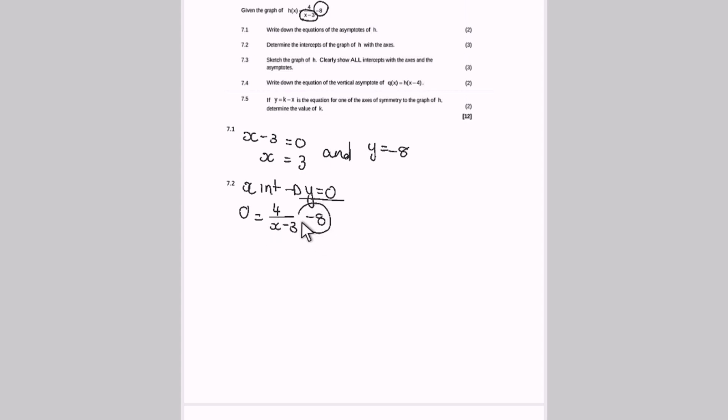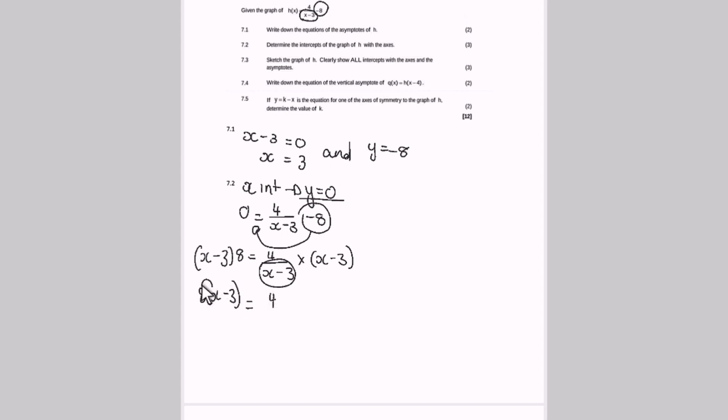Then we're going to bring the -8 over the equal sign and have 8 = 4/(x - 3). To remove the x - 3 as a denominator, we'll multiply on both sides by x - 3, because what you do on the left, you do on the right. We'll have left over 8(x - 3) = 4.